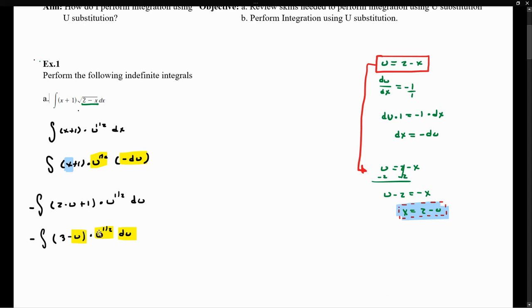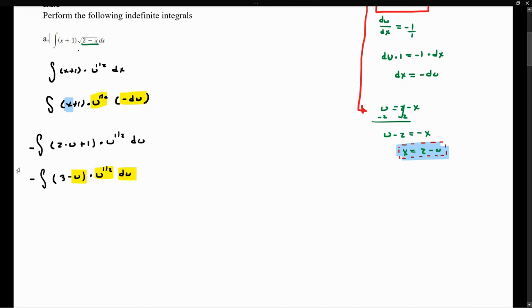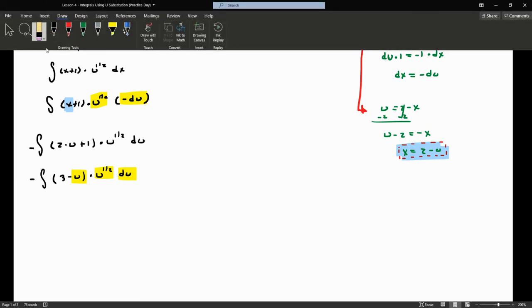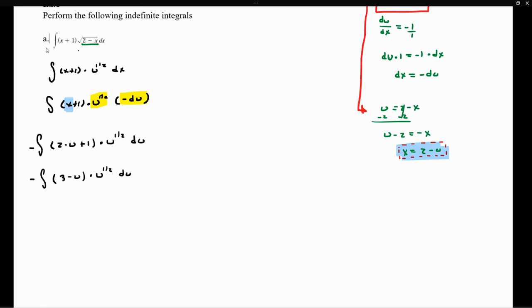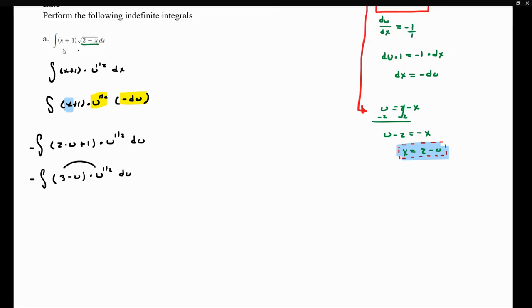The only thing that we need to do here now is try to rewrite it as some kind of a polynomial. And the way that we're going to accomplish that is, well, let me just erase this. We still need to distribute this u to the 1/2. So let's distribute, because remember, it is being multiplied. So what happens when we distribute? Well, we still get this negative outside.